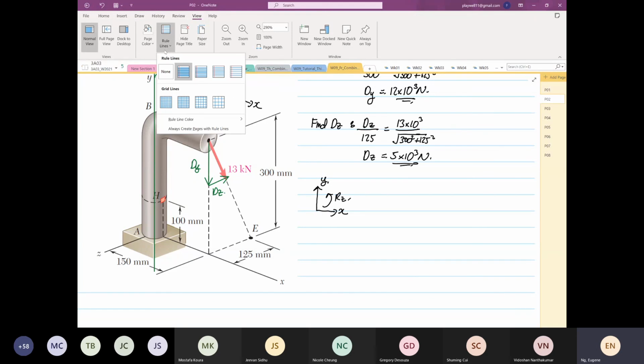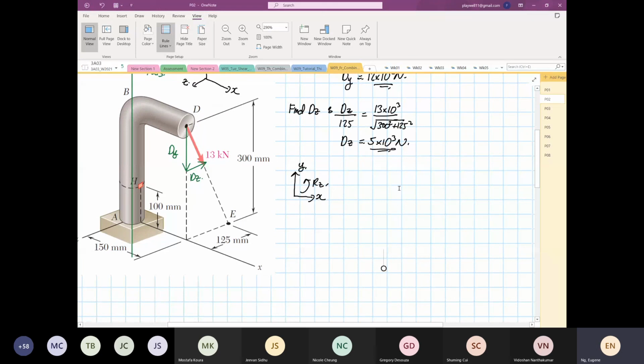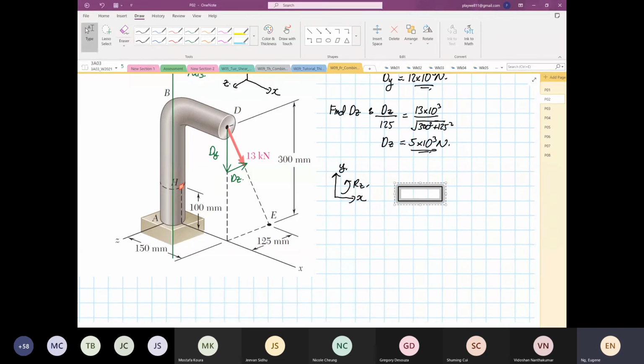So from here, it's 300. I'm going to sketch this out. So it's 150. And then the vertical. If you look at the vertical, we are going to do just 200.